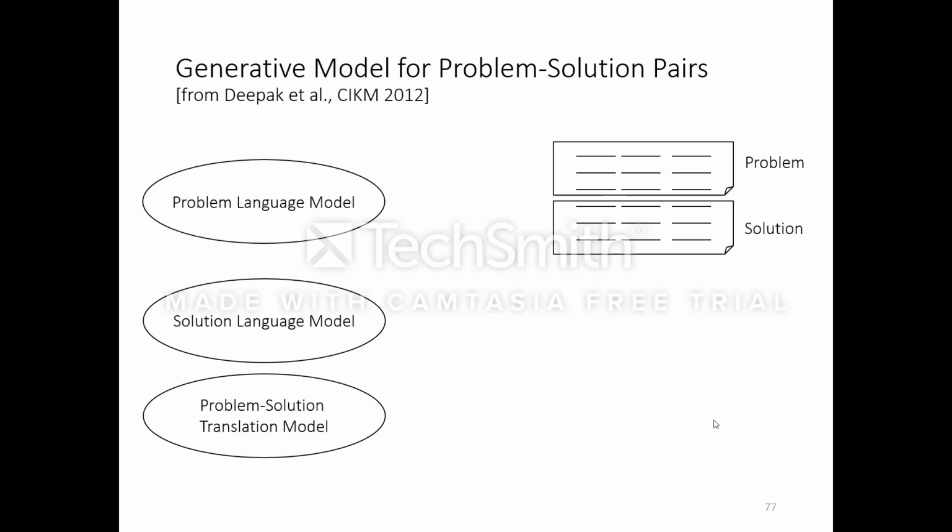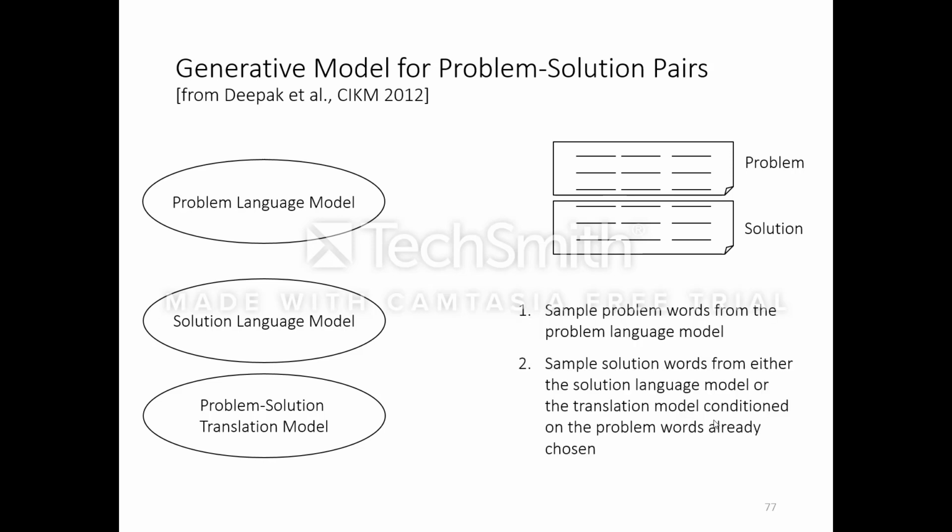You condition the translation model on those words that are already chosen, and you can either sample from that or sample simply from the solution language model. So the script goes like this: sample problem words from the problem language model, and sample solution words from either the solution language model or the translation model conditioned on the problem words already chosen.